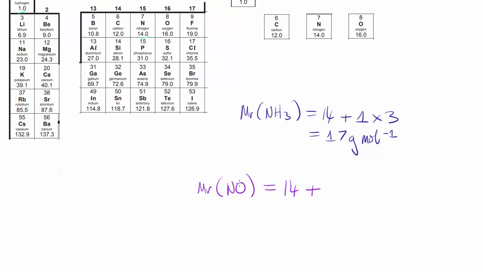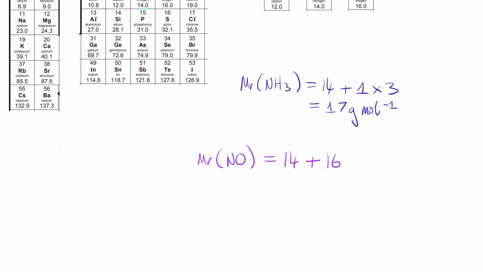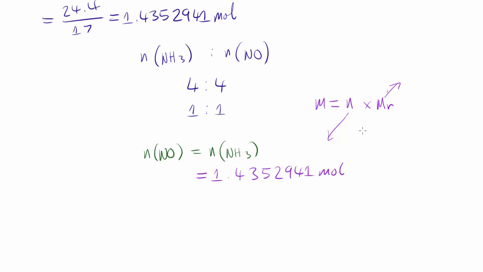Plus, for the oxygen, it's going to be 16 times 1 implicitly. And if you add that up, that's going to give you 30 grams per mole. So as you can see, the MR is going to be 30.